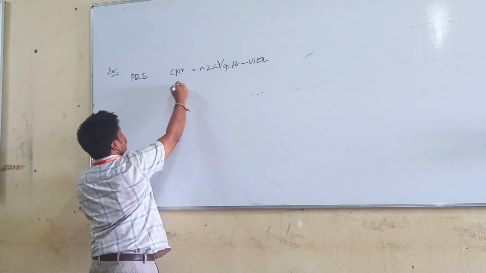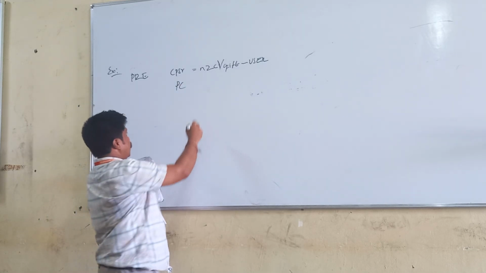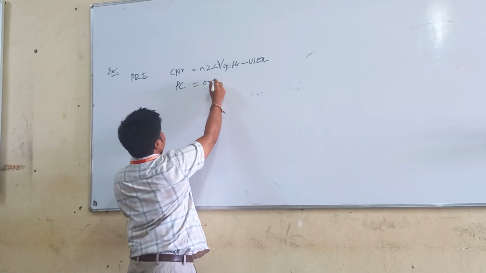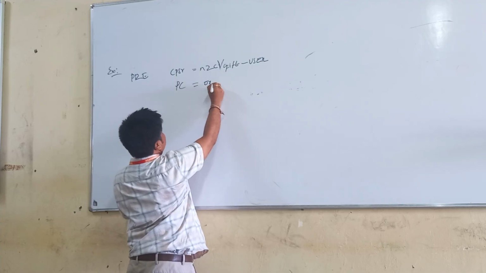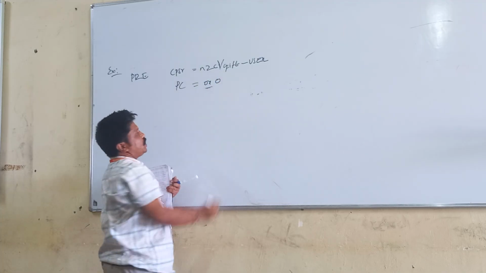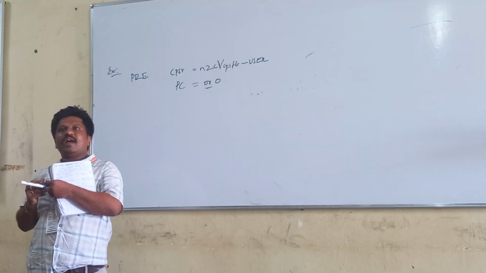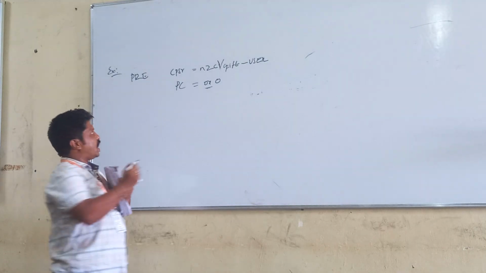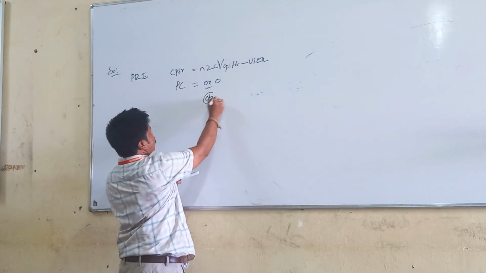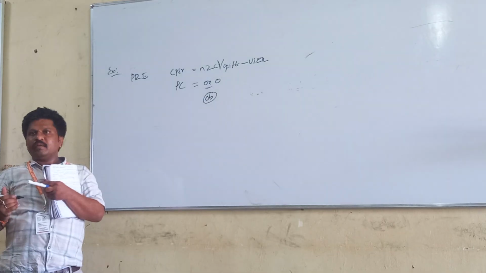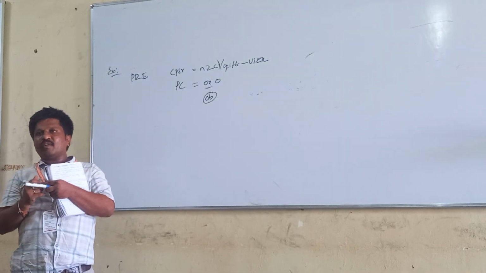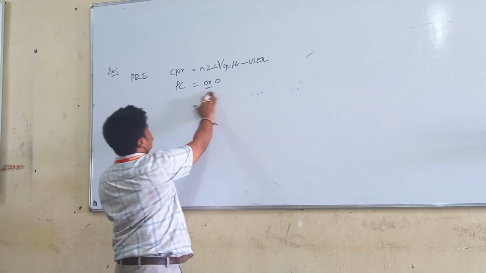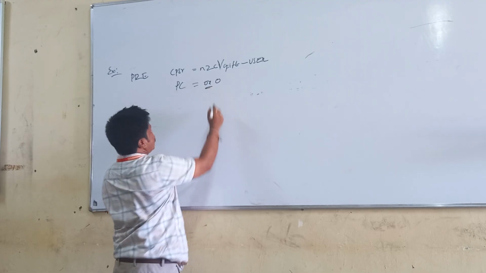Next, PC equals 0x followed by some address. An address always starts with 0x. Why 0x? Because it's hexadecimal. If I start with 0b, it's binary. Starting with 0x means a hexadecimal value.